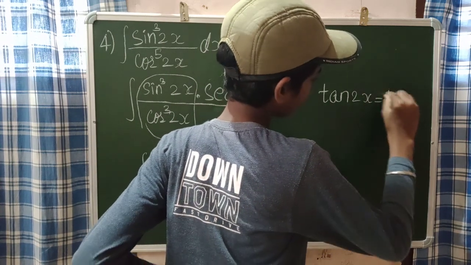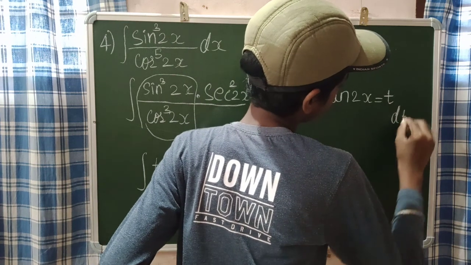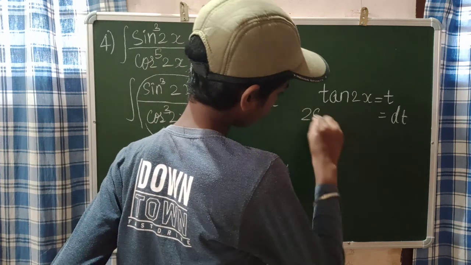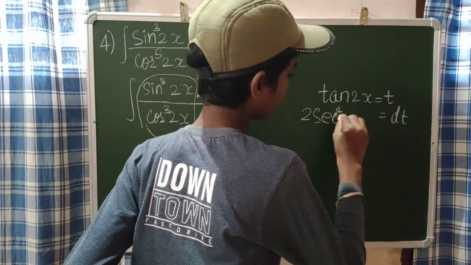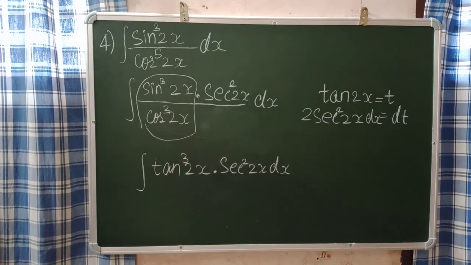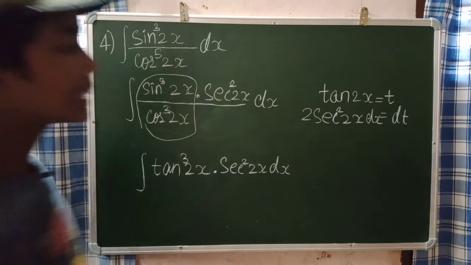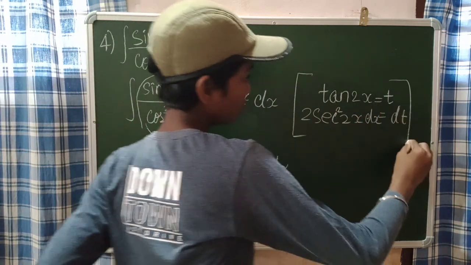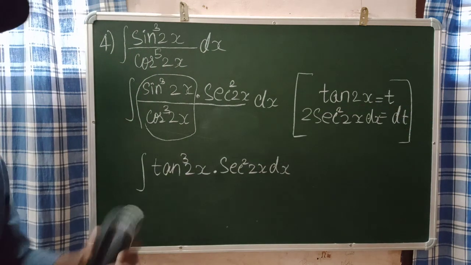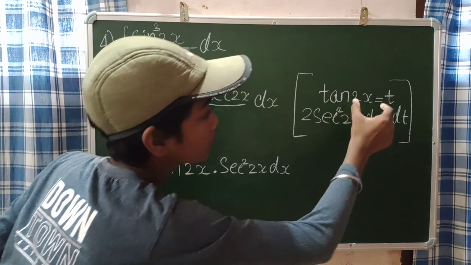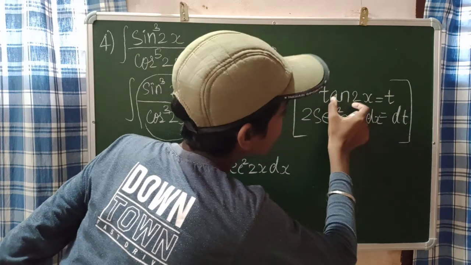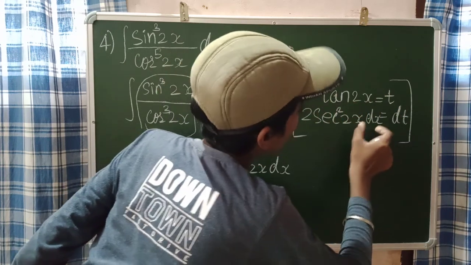When you take tan 2x as t, then dt will be the differentiation of this, which is 2 secant square of 2x dx. So 2 secant square of 2x dx will be your dt.